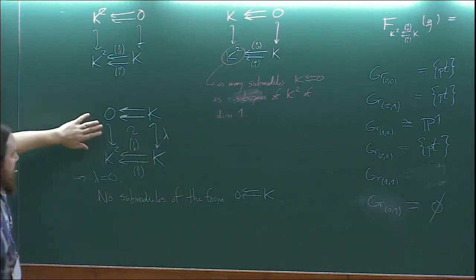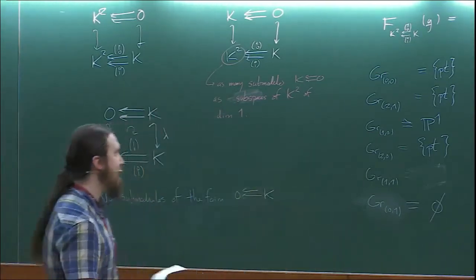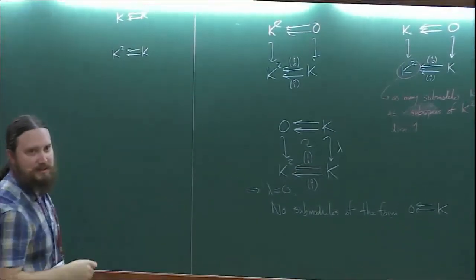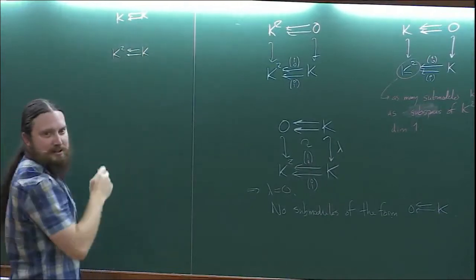And now there's one Grassmannian missing. I'll leave it to you as an exercise to prove that if you'd like to have a submodule of dimension vector 1, 1, I'm not telling you which one, because you have a lot of choices here.